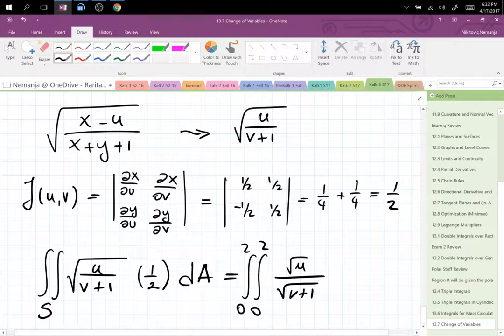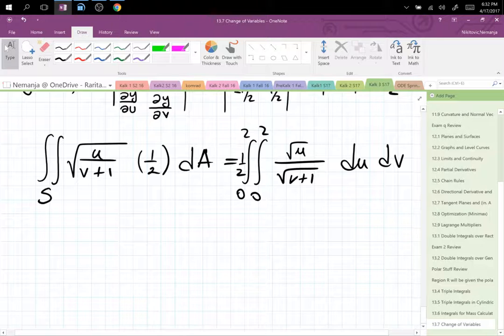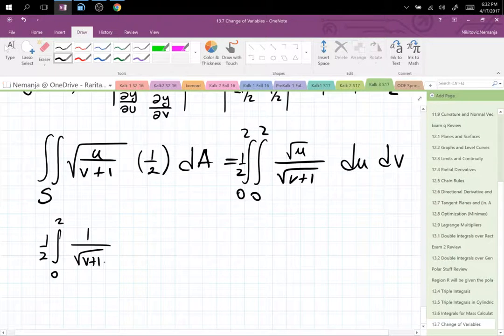I'm going to kick the 1/2 outside because no one cares about it, and then put du, and then dv, because dv is going to give us a ln, so I want to do that at the end. All right, so 0 to 2, there's a 1/2 in front. 1 over square root of v plus 1 is a constant because I'm integrating in terms of u first. Integrating square root of u gives u to the 3/2 divided by 3/2.